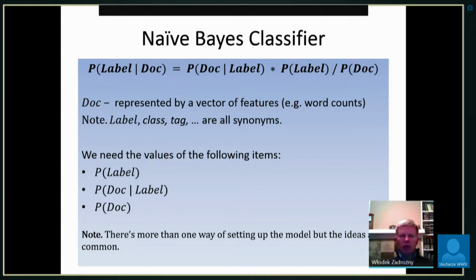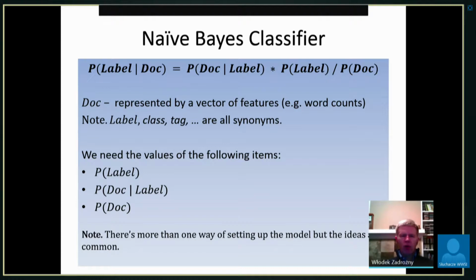So the document will be represented as a vector of features. For example, this could be word counts or counts of certain characters, as we saw a moment ago. And to compute this value, the probability of classifying something as spam or not spam, we will need the following terms. We need the probability of the label, we need the probability of the document given the label, and we need the probability of the document.